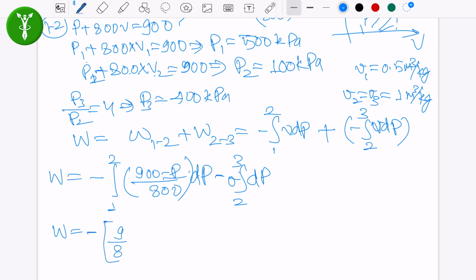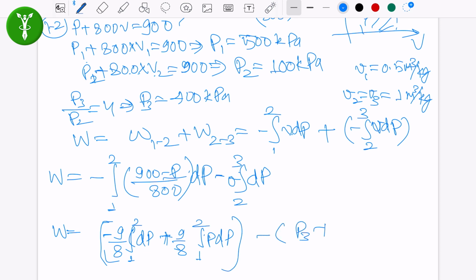This is purely integration maths now. Here, integration of dP from 2 to 3. If I take the negative inside, what will it make? Minus and plus here, so it will be 1 by 800 integration of P dP from 1 to 2, right? And the second term will be V times P3 minus P2.